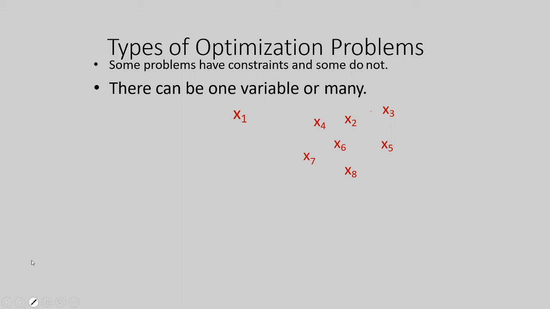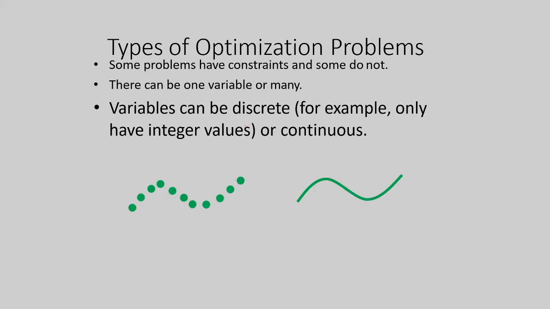This is represented with the different variables 2, 3, 4, 5, 6, more than one variable. Based on this, the variables can be discrete.